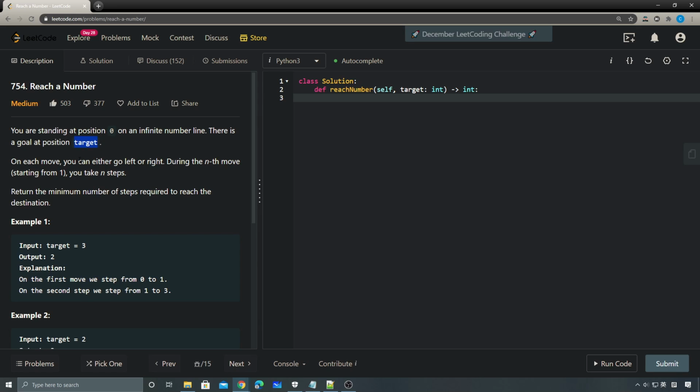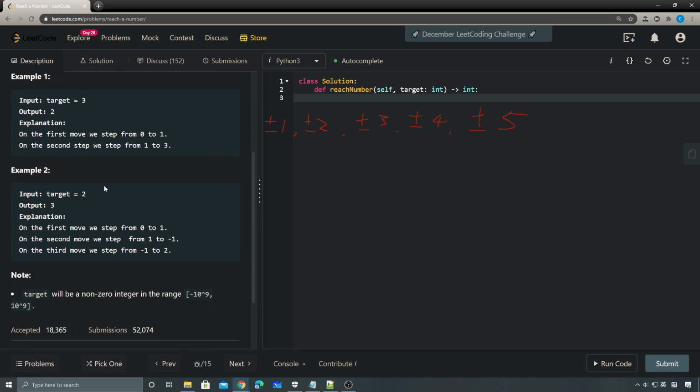On each move, you can either go left or go right, and the distance of each move is the same as the step number. So on the first move, you can do either plus or minus 1, and on the second move, either plus or minus 2, and so on and so forth. It asks you to return the minimum number of steps required to reach the destination.